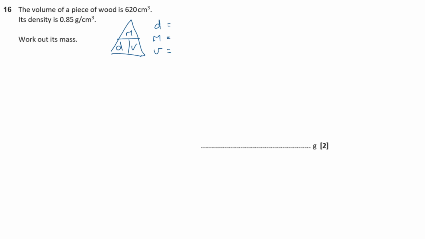So what's what then? Our density we've been given as 0.85, so that's 0.85 grams per cubic centimeter. And then we've been given the volume, so the volume is 620 centimeters cubed. Just really should check that the units match up. They do in this case, centimeters cubed and centimeters cubed. And we want the mass, of course.